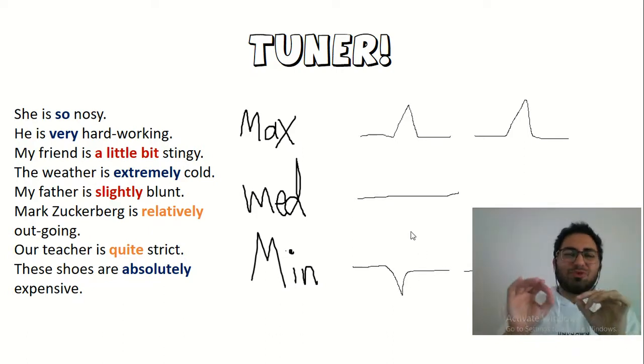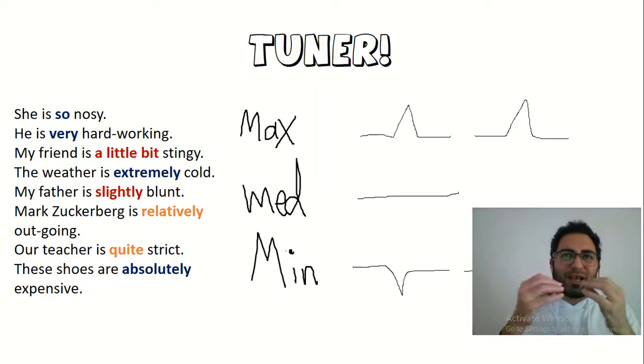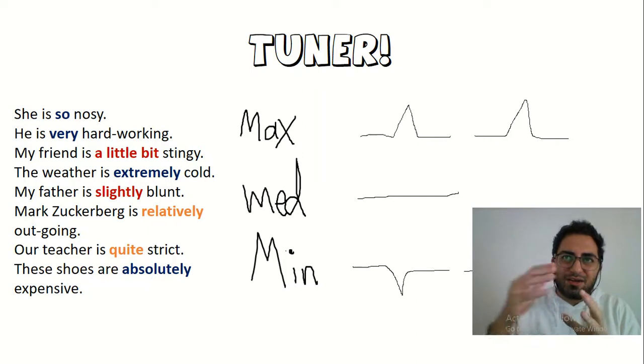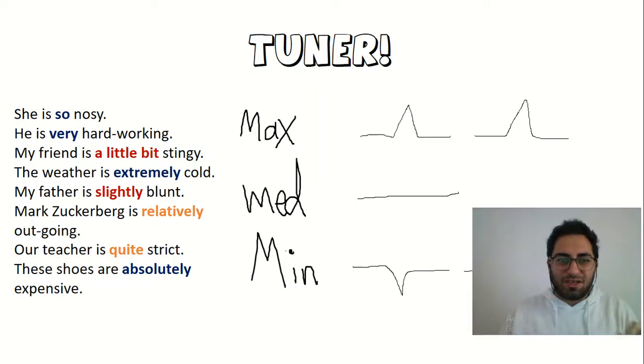See, it is like you are expressing your emotion in the intensification of the modifier in a sentence. So that is how you change the intonation. Let's go with the other one. After me, my father is slightly blunt. Now, everybody, my father is slightly blunt.